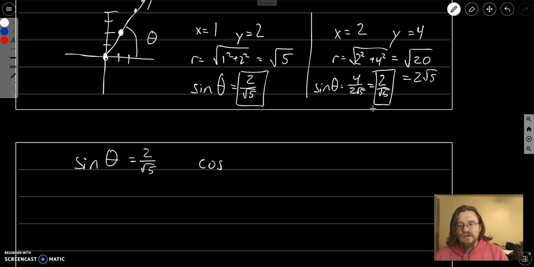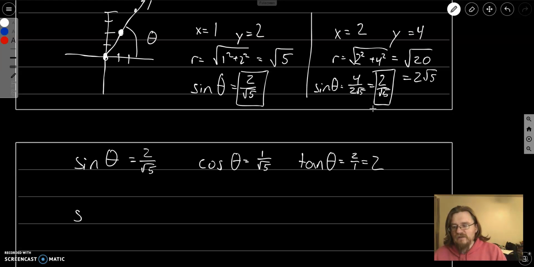we've got the cosine of theta, which is going to be x divided by r, so it's going to be 1 over root 5, and the tangent, which is going to be y divided by x, so 2 divided by 1 happens to be 2. So this is the exact angle where the tangent's equal to 2.